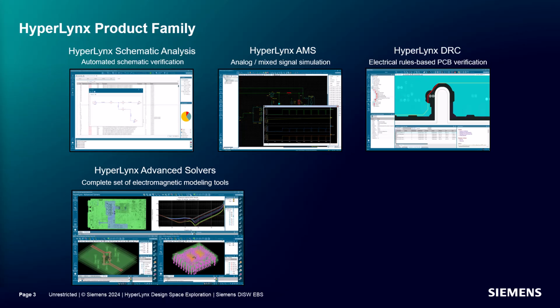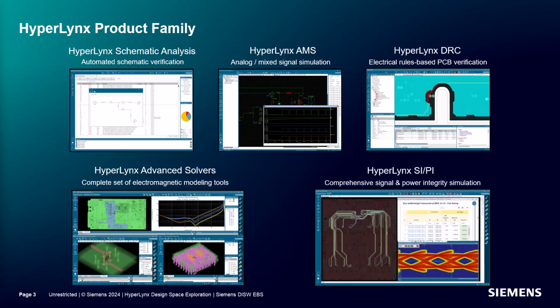Hyperlinks Advanced Solvers provides accurate 3D electromagnetic modeling of PCB structures and is seamlessly integrated with the Hyperlinks SI and PI tools to provide complete front and back analysis flows. And finally, Hyperlinks SI-PI. These share a common user interface.